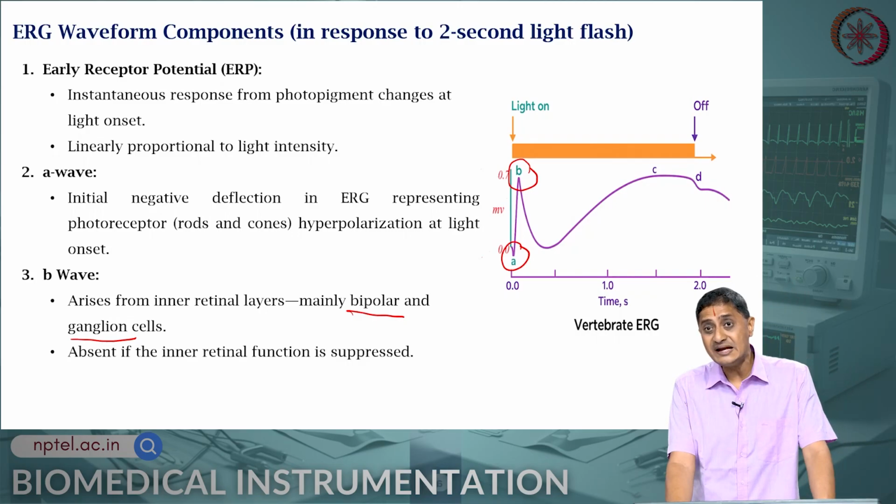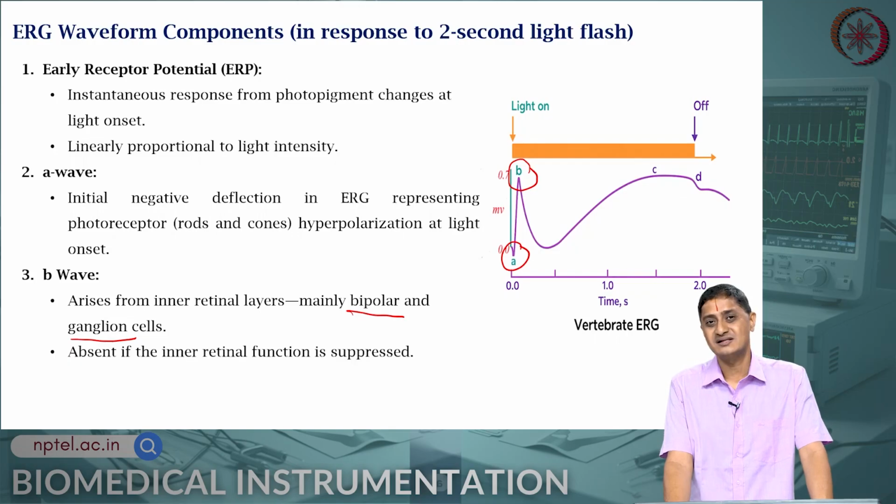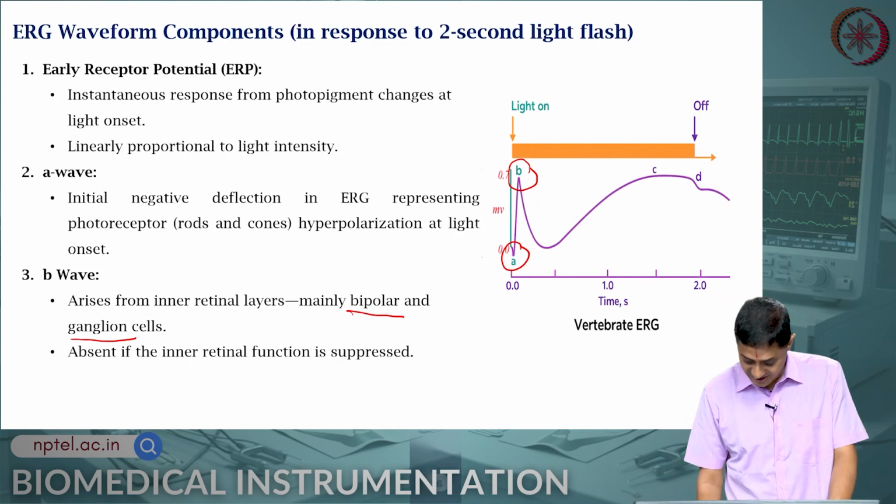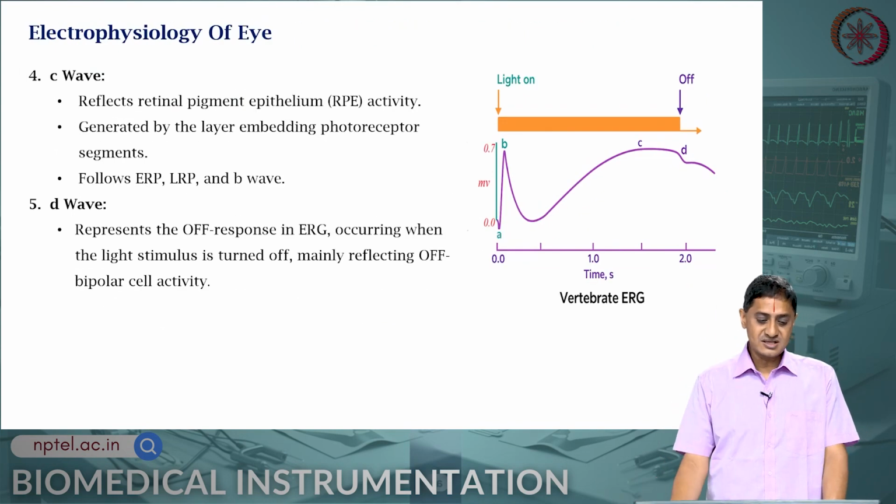So, by reading this ERG, you can come to a conclusion of which part of the eye is having the disease. So, excellent diagnostic tool. Then you have C wave, which is essentially reflective of the RPE activity.